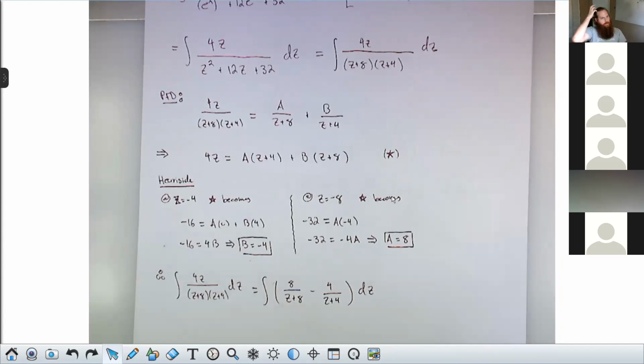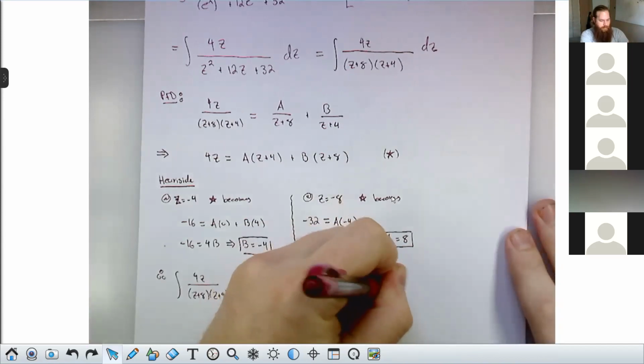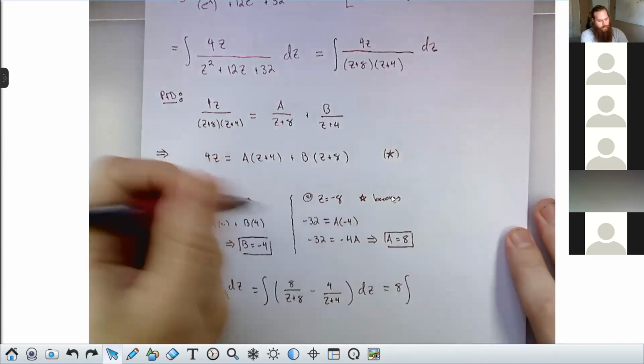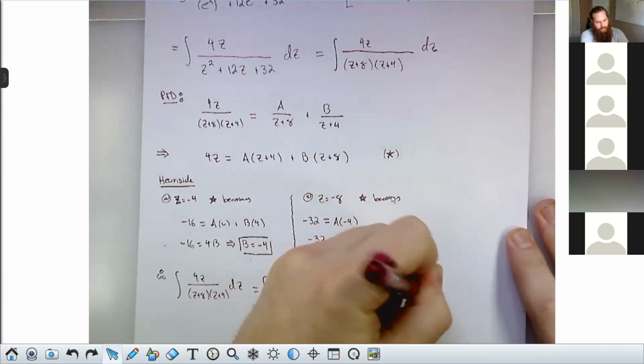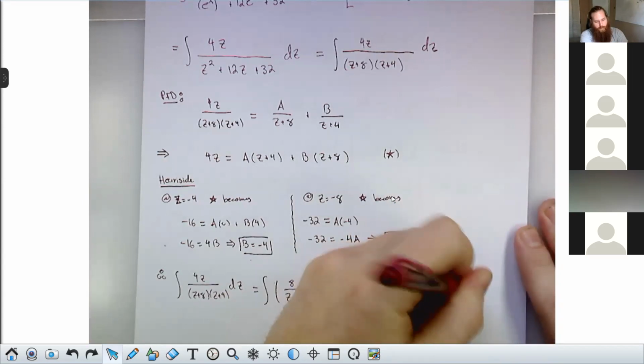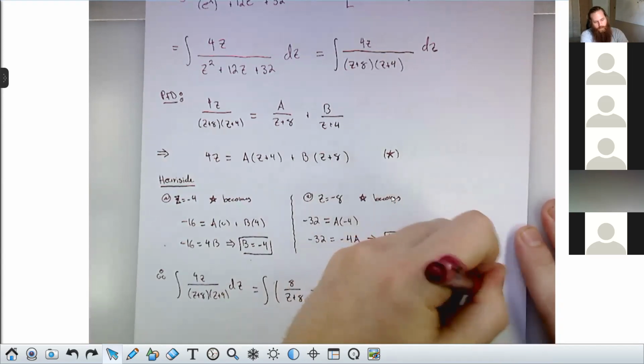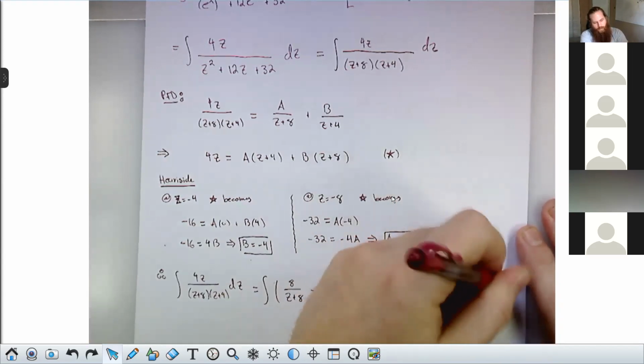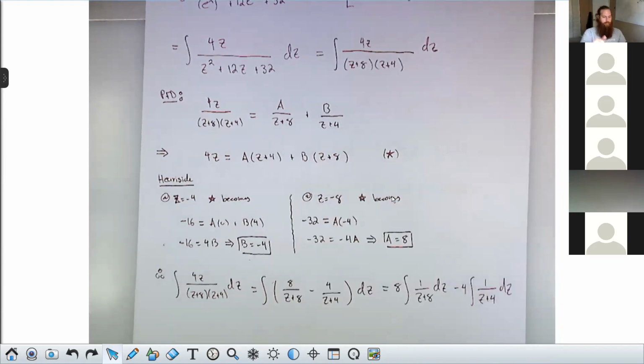Each of which is a simple u sub. We can split apart and pop out our constants. We get 8 integral 1 over z plus 8 dz minus 4 integral 1 over z plus 4 dz.